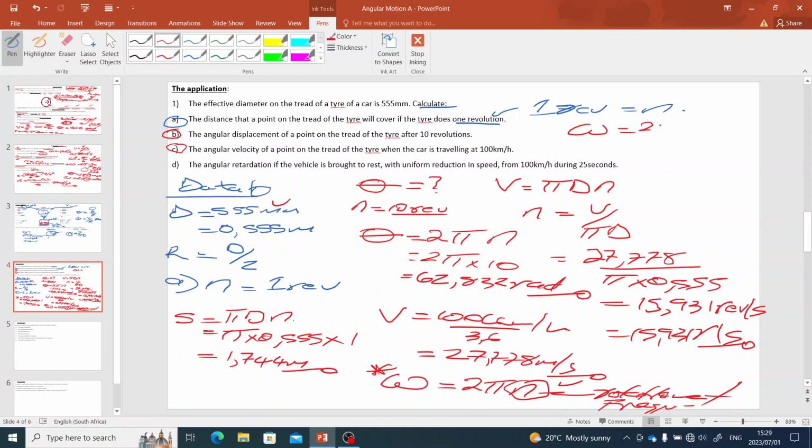Omega equals 2 pi multiplied by 15.931. Right.